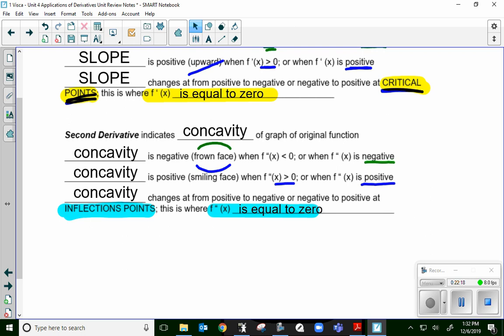I combined graph and curve and said GURV. Is the curvature of the function or graph changing from positive to negative? Is it curving up then down, or down then up, sad to happy, happy to sad, frowny to smiley, whatever you want to say? Inflection points. That's where the second derivative is equal to 0.